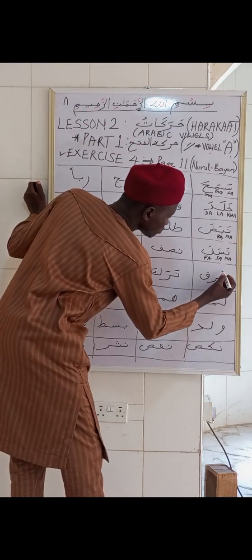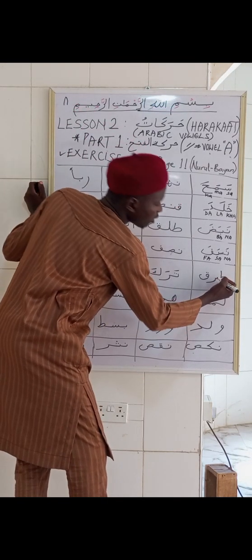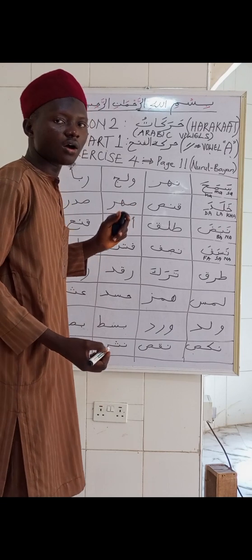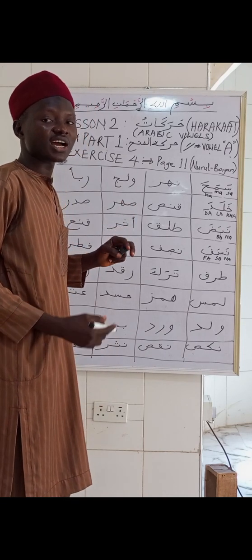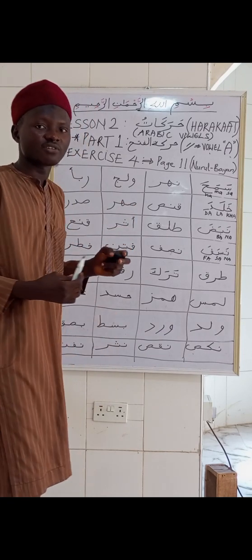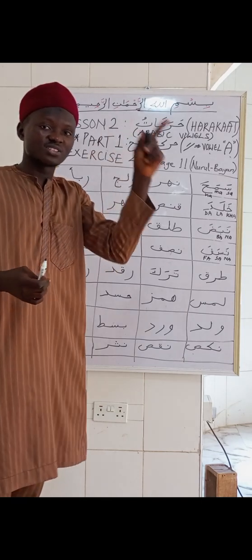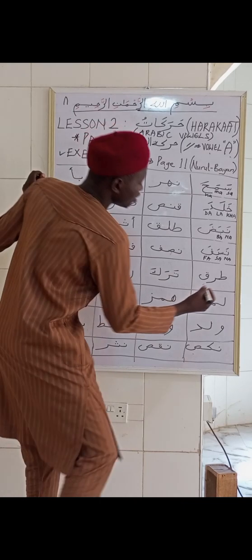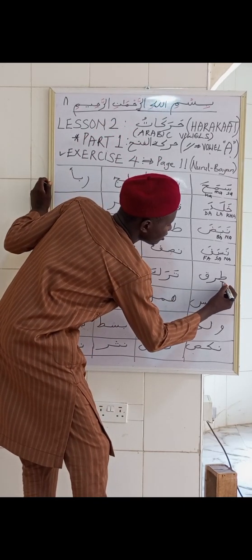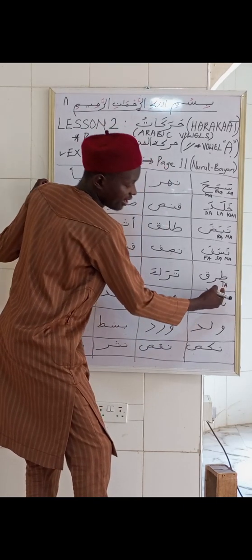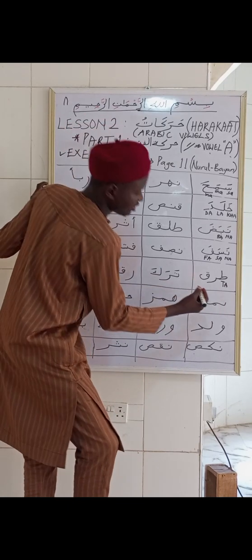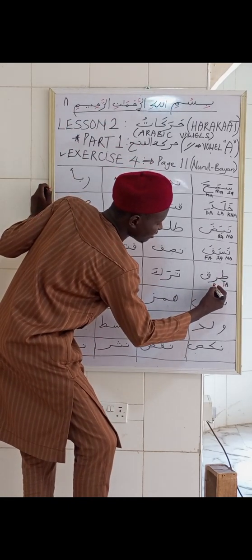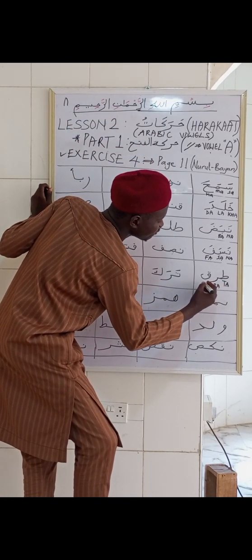Okay, so this one, Ta. Which letter can we use in English? It doesn't have a replica. If you say T, you are going to say ta. Let's say we are using T. Ra we say is R, right? Qaf we say is what?